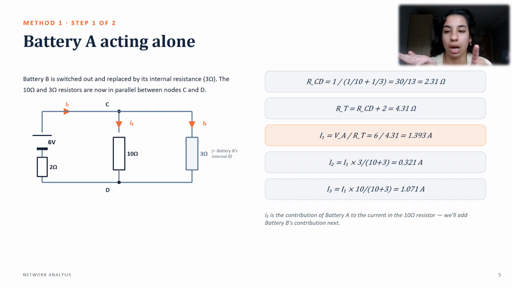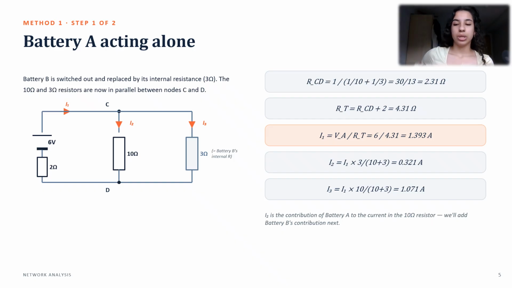The current I1 comes out as the conventional current from the positive terminal of the 6-volt battery, and it branches into I2 and I3. We need to find these three. It's easy to find I1 because we can use Ohm's law. We know the total resistance. V over R: 6 divided by 4.31, and we get the total current, 1.393 amps.